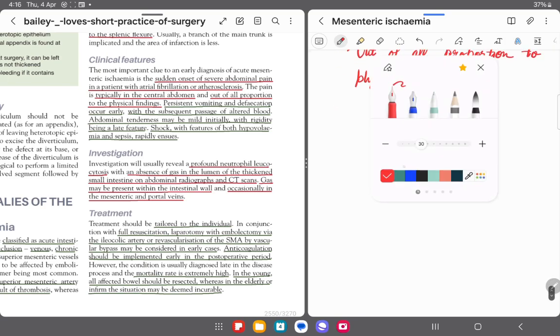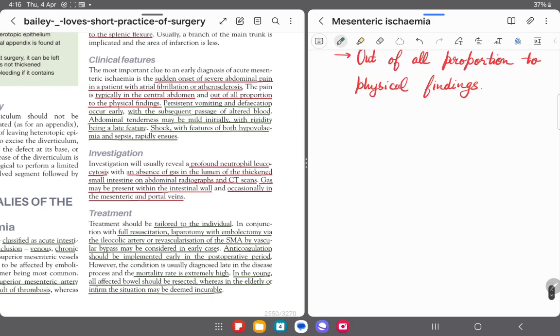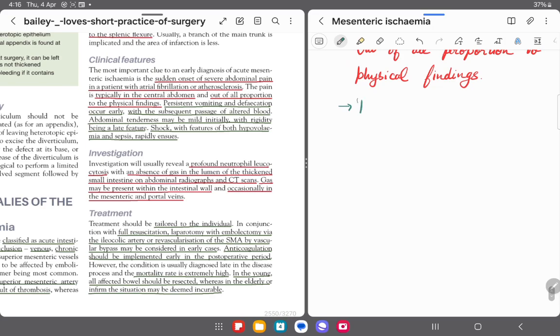So the other symptoms are persistent vomiting and defecation, which occurs early with the subsequent passage of altered blood.